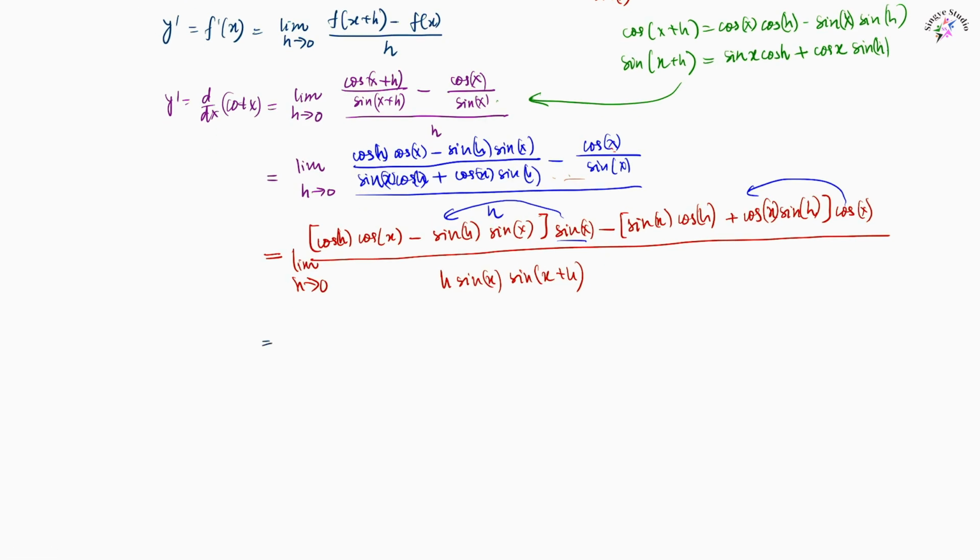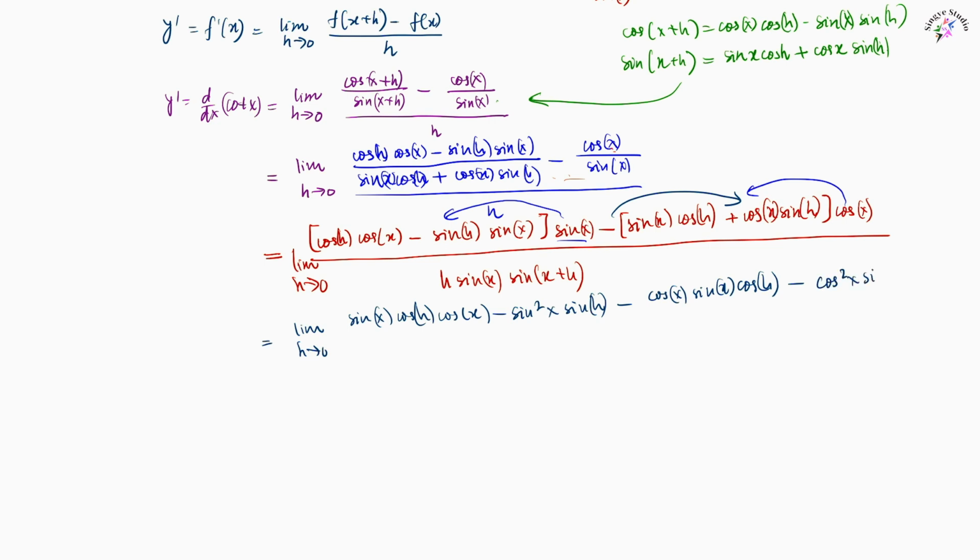Okay, by doing this we will get the limit as h tends to 0 of sine x cosine h cosine x minus sine squared x sine h, right, minus cosine x sine x cosine h, this one the sign will distribute here, so it will be minus cosine squared x sine h, divided by h sine x sine x plus h.